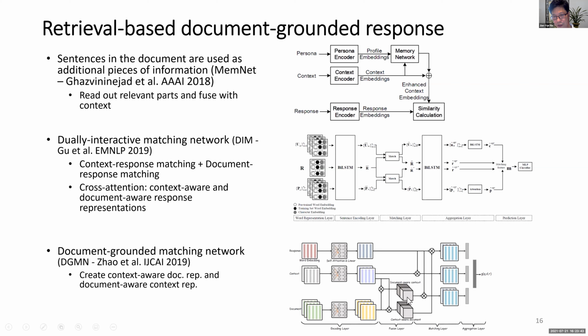So we will have two new representations of the response candidate, considering the document and considering the context. And then we will have different steps of matching to produce the final score. So here you can see some ways to use the document as the grounding element.